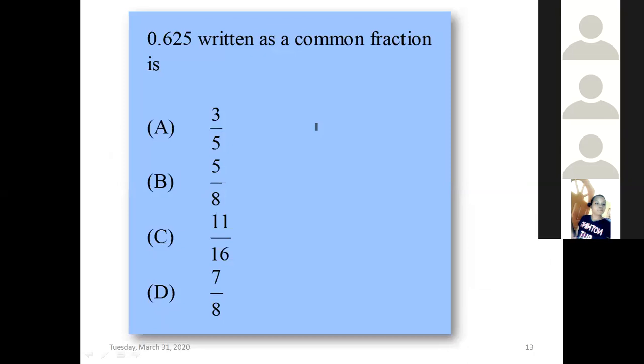All right. This one is similar to one we did a while ago. All right, quickly, without using a calculator.